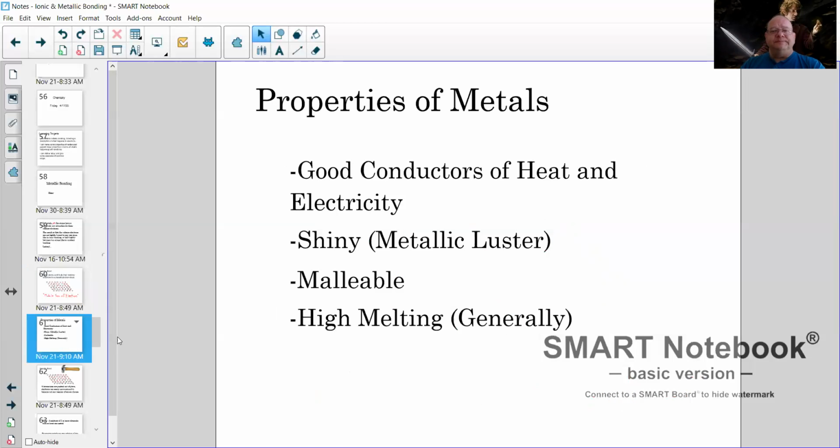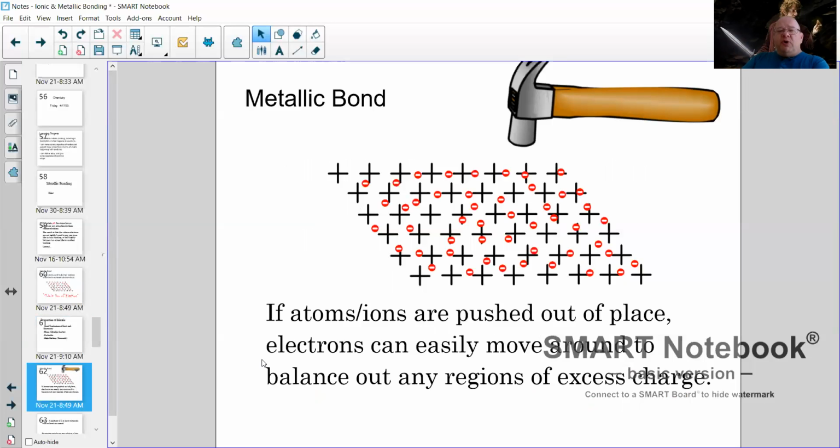What else do we have? Malleable. Okay, I'm going to go to this picture. Remember, with my ionic compounds, I showed a crystal lattice, and we hit it with a hammer. When we hit it with a hammer, we knocked things out of place, and we created repulsions.